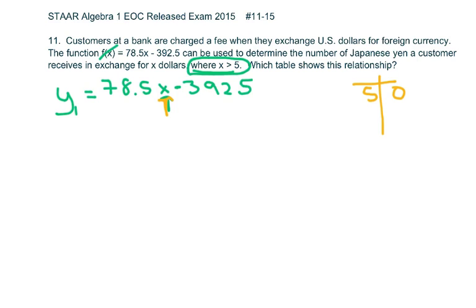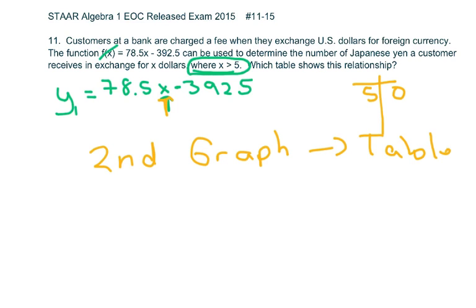Alright, so what you would do is you'd put this in your calculator and then hit second graph. That gives you the table of values. You could also plug in some of the values that are on the table given to you. I would go first to D, where it says where x is 10.